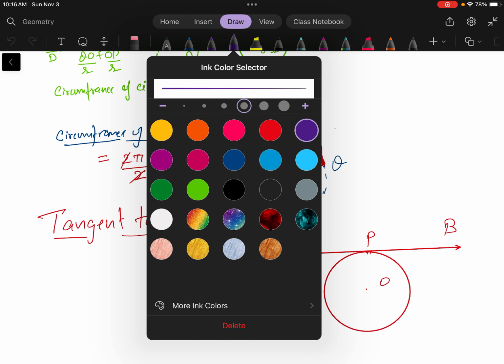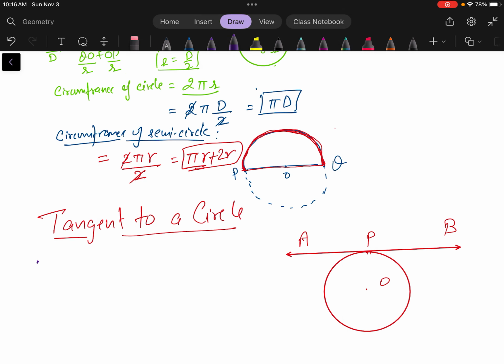The definition is: a tangent to a circle is a line.